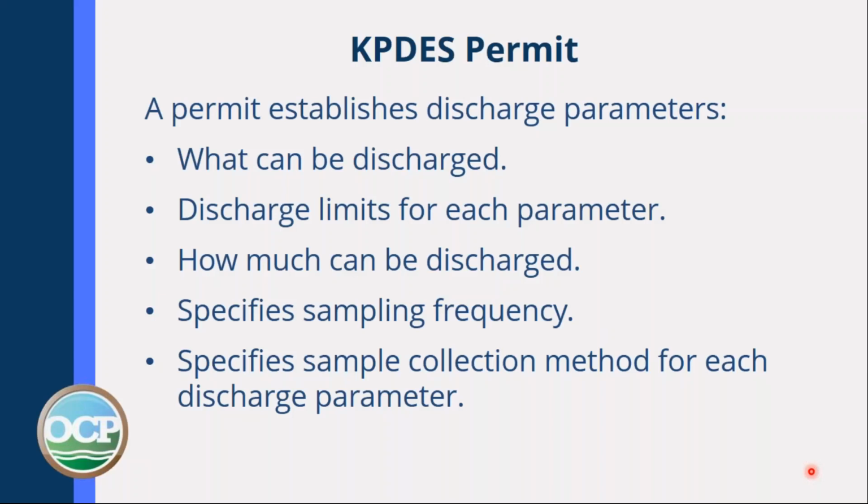When I mean parameter, I'm talking about things like temperature and pH and dissolved oxygen, and pollutants are things like organic matter, nitrogen, phosphorus, chlorine, etc.